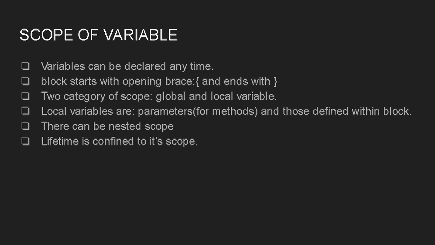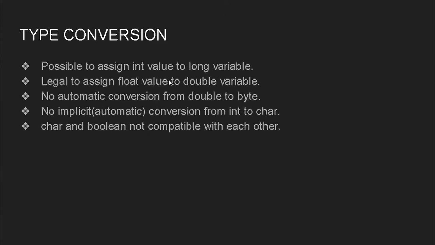Okay, so now one more concept which you need to remember is all about type conversion. In Java, if you experiment with Java programming, what you will understand is that it is possible to assign an int value to a long variable.